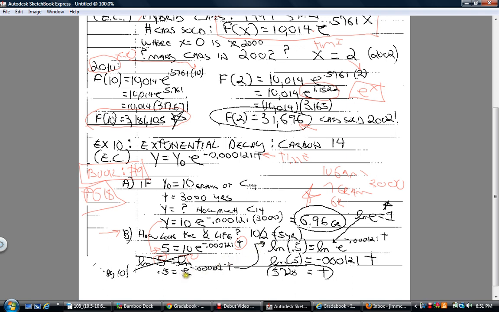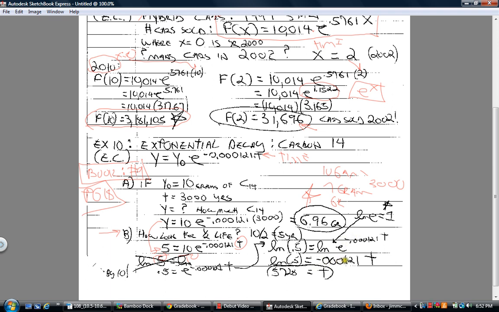Now, you see e, you need to take the natural log on both sides. So the natural log of 0.5 equals the natural log of e to the negative 0.000121 T. That's a key step there. Now, next step, bring down the T. Natural log of e is 1. Don't forget that. Anything raised to an exponent is that exponent.